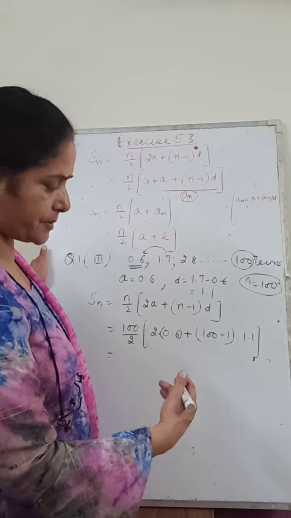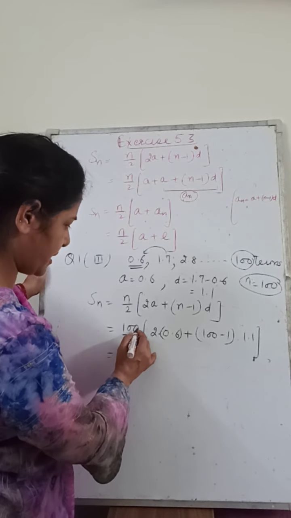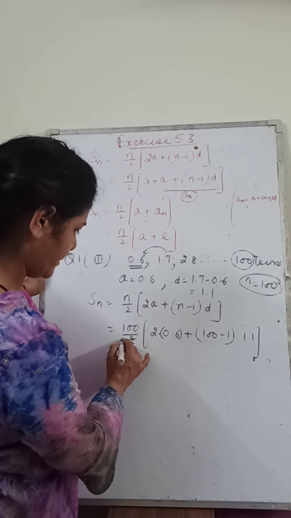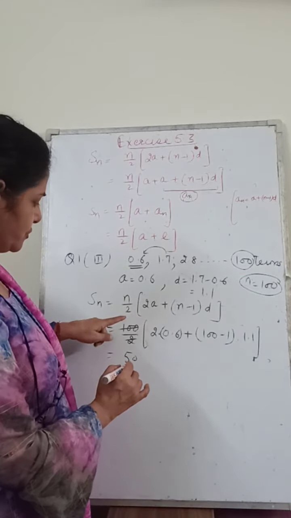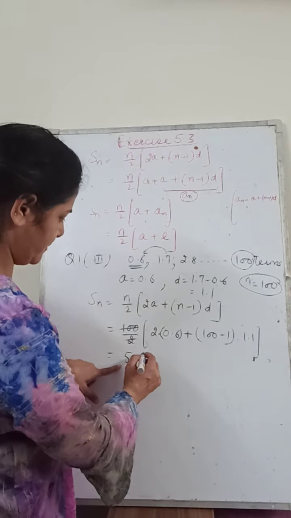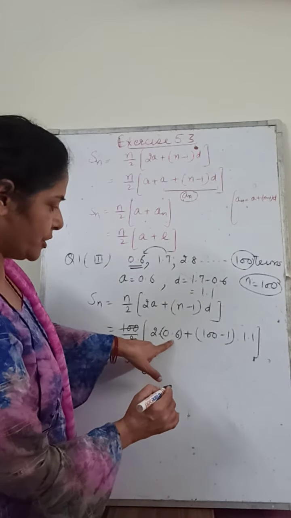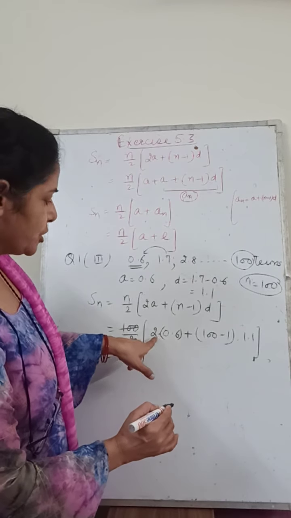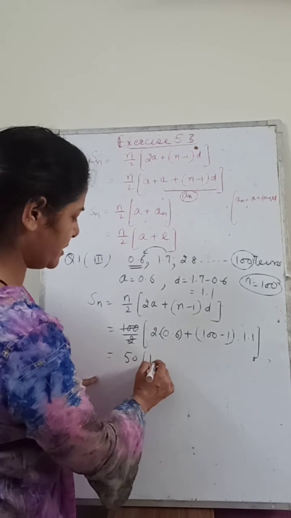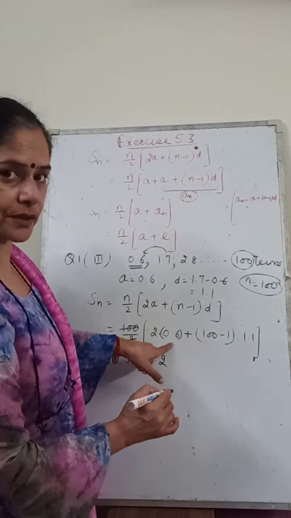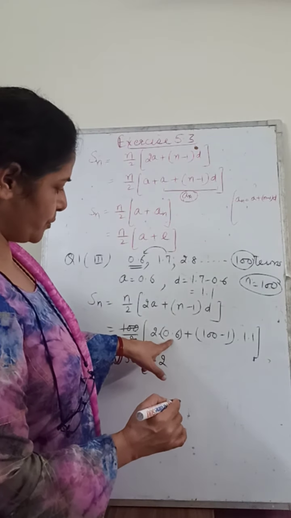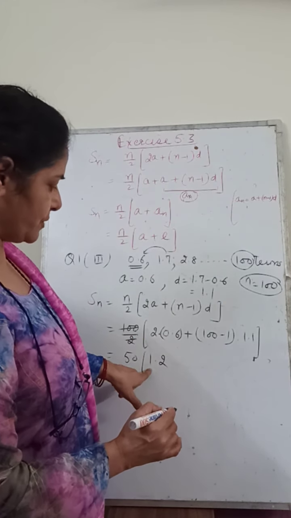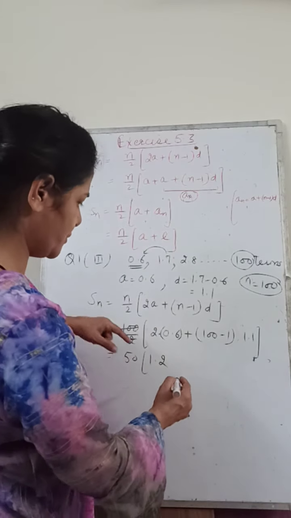Don't skip the steps. I am cutting it: 100 divided by 2 comes out to be 50. 0.6 multiplied by 2 comes out to be 1.2.